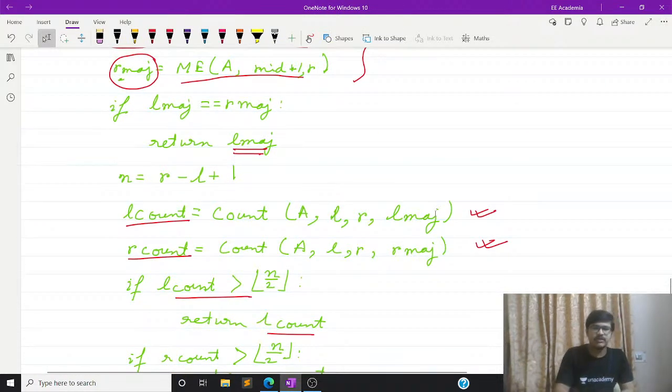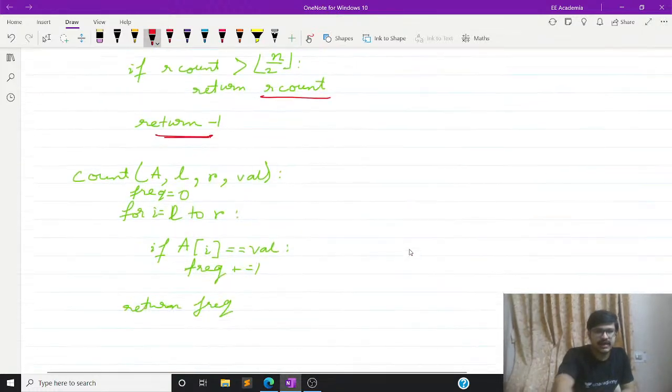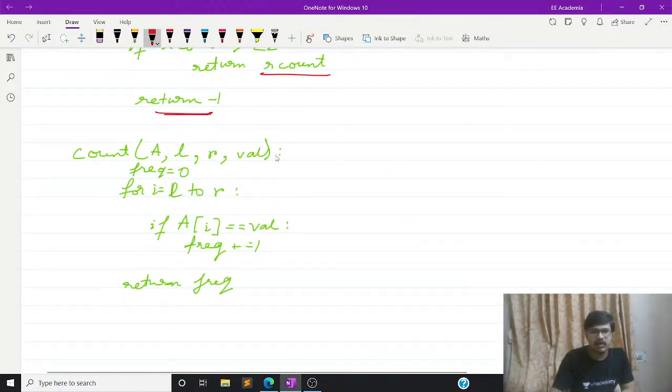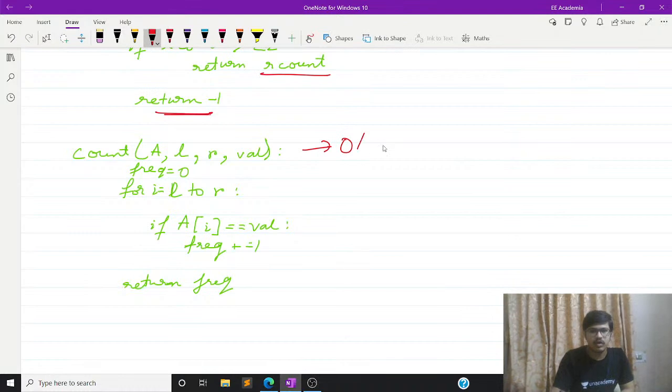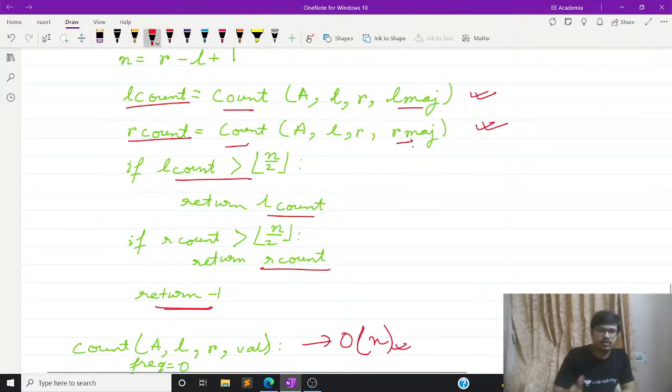So after you find the majority element of both these halves, if that is the case, it is simply O of 1. Otherwise, we have to call this count function for these elements, and count is going to take how much time? O of n, just a linear scan of the entire array from L to R. So count is O of n time. So this step is the combine.